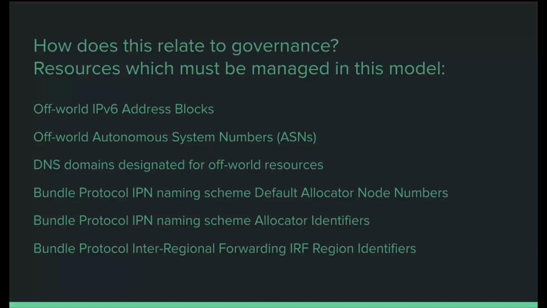While this solution is functional, viable, and governable, there has been an expressed proclivity in the market toward shorter, more descriptive off-world domains, such as .moon or .mars. Who would manage those domains is a governance question.